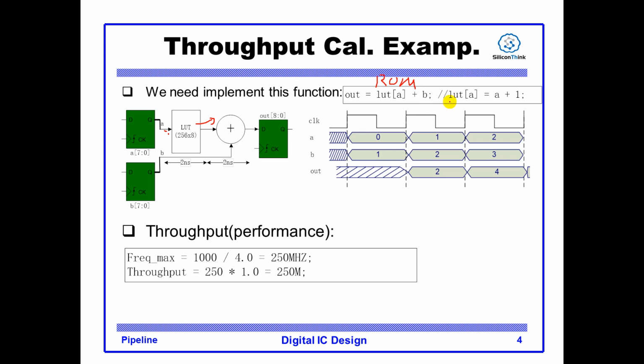And the LUT function is also very simple. It just increases the input by 1. The value of the LUT output is A plus 1.